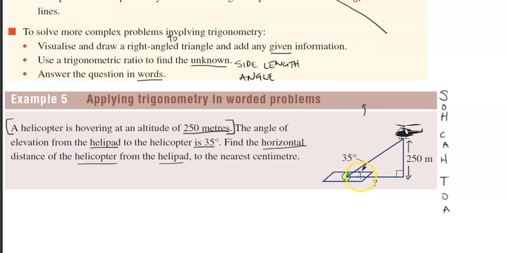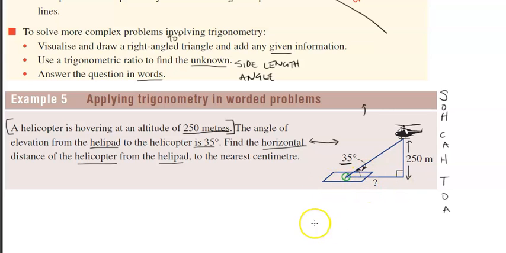When we create this angle of elevation, so the angle that goes up to where the helicopter is, we're creating an angle of 35 degrees. And then what we're trying to find is the horizontal. So remember the thing that goes across, either left to right or right to left. We're going to find the horizontal distance of the helicopter from the helipad.